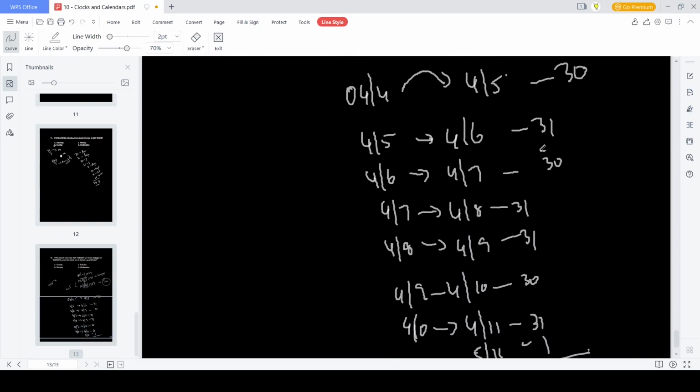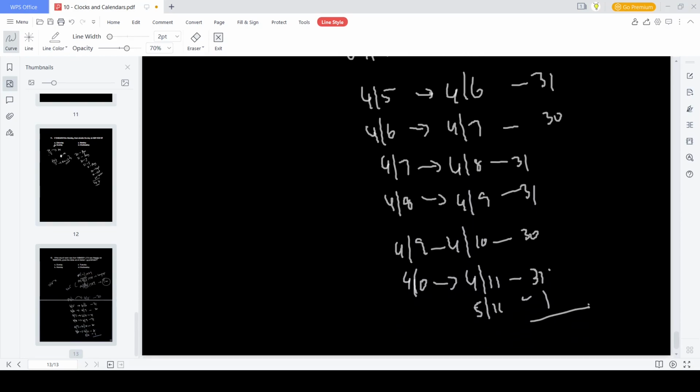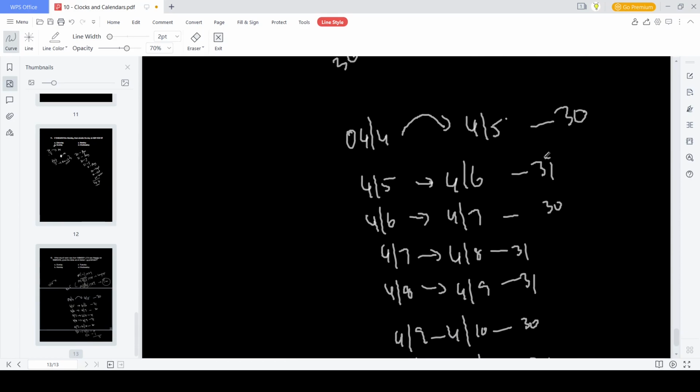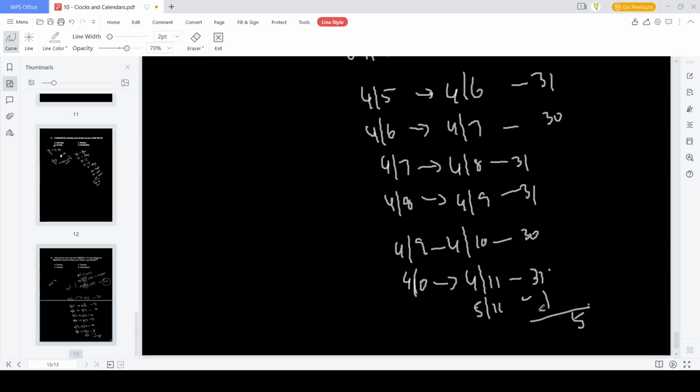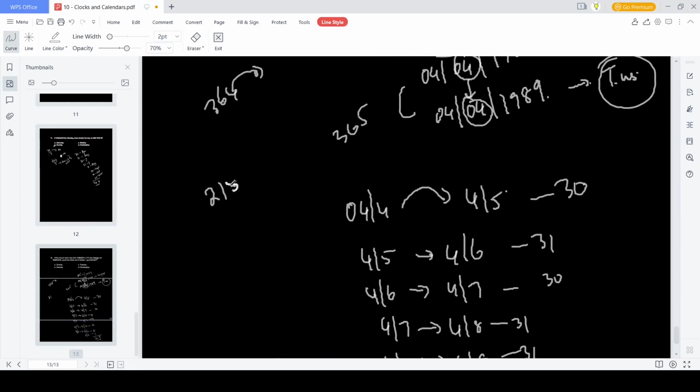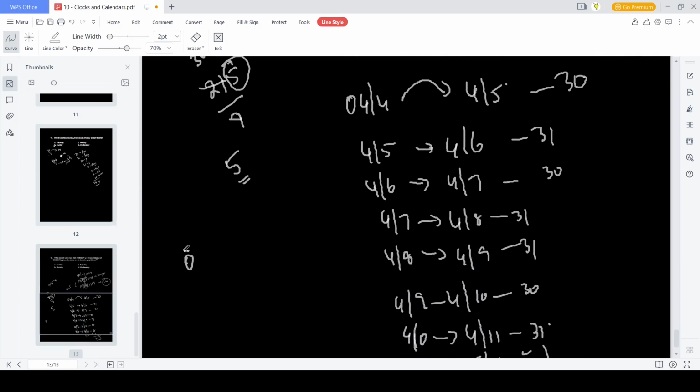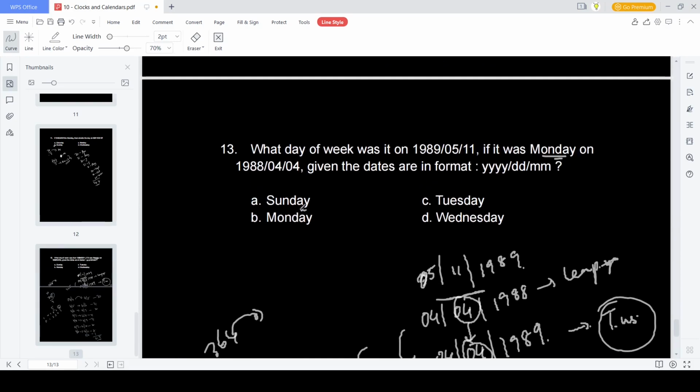So we add all of these: 30, 31, and so on, which gives 215 days that have passed. 215 divided by 7 will give you 30 weeks and a remainder of 5. If 0 was the remainder, it would be Tuesday, 1 Wednesday, 2 Thursday, 3 Friday, 4 Saturday, 5 Sunday. So it's going to be a Sunday.